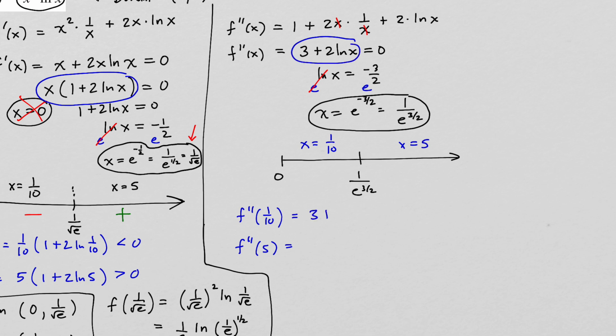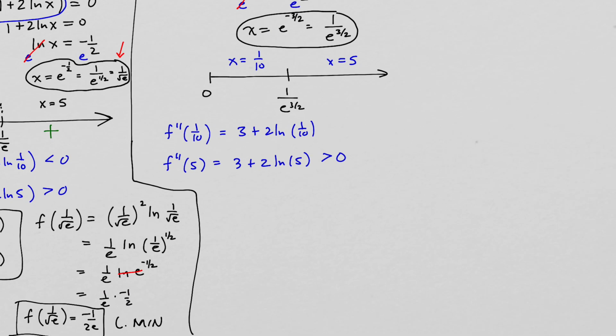So we have 3 plus 2 natural log of 1/10 and 3 plus 2 natural log of 5. The second one is clearly positive. And then this one is not clearly positive or negative. So again, a calculator here will really help, but I will just tell you that this value is negative. So it's less than 0.